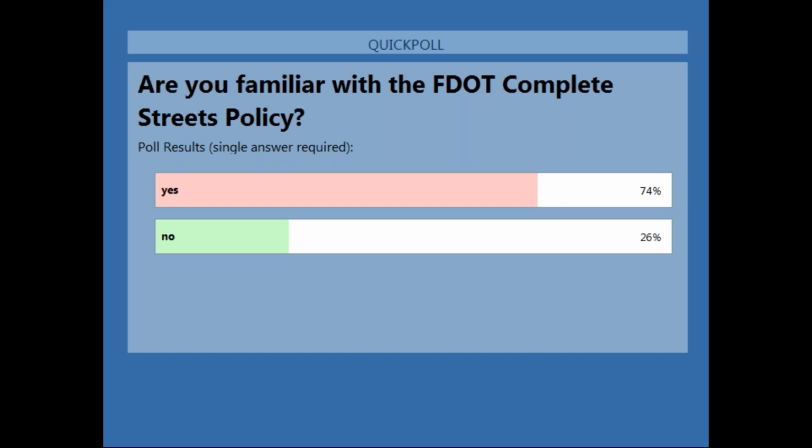As a matter of fact, the problem has been that in the past, not just Florida DOT, but most state DOTs only had designs and design speeds for what they called urban and rural. But what they called urban was really suburban. And so a lot of times we were trying to fit that round peg in the square hole when we had major highways go through downtowns or small towns.